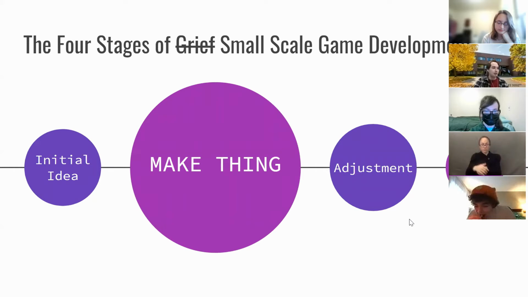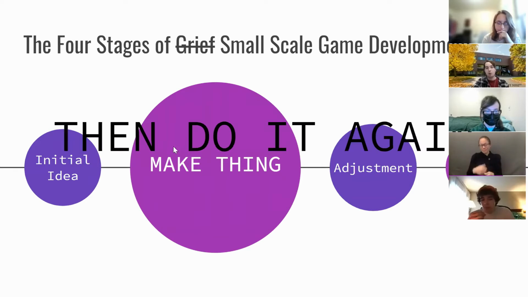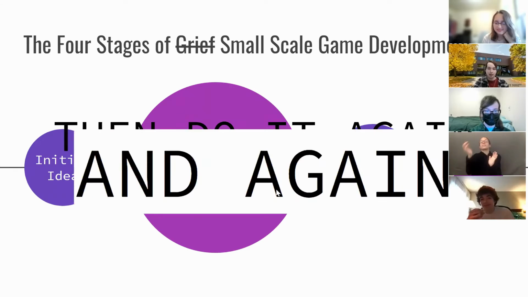Shipping is one of the smaller, but one of the hardest parts of any project, even on a micro scale. Releasing anything is difficult. So that's the quick summary. Here's the long summary. Oh, and then you do it again and again.